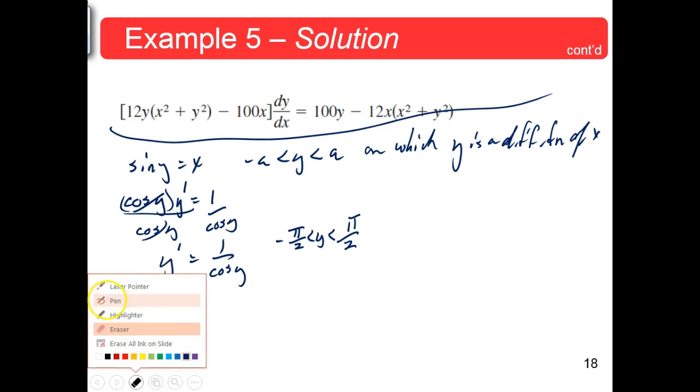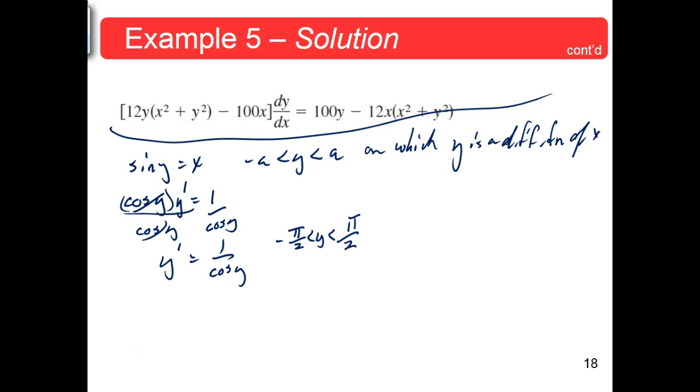Since cosine's a component of x. What's that? Isn't cosine a component of x? Cosine of what? Okay, all right. You're on the unit circle now, and yeah, you're thinking in those terms. This is not necessarily a unit circle problem. I'm just thinking of trig.